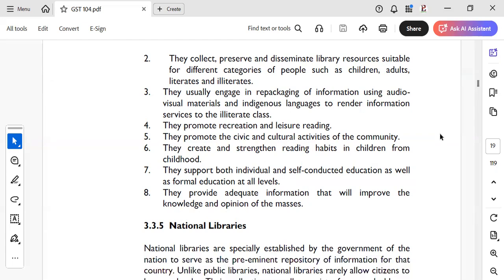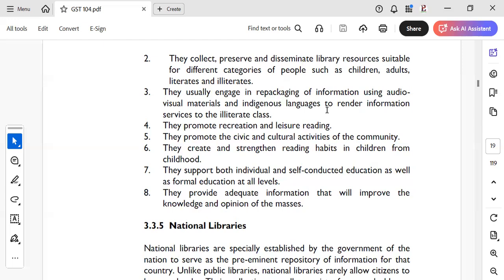Well, let's see if there are important things to pick. From that point 3, it says that they repackage information for the illiterate class. For instance, if there is important information that is necessary for every member of the community, the work of the public library is to make sure they repackage, that means write it or sketch it in their indigenous language.